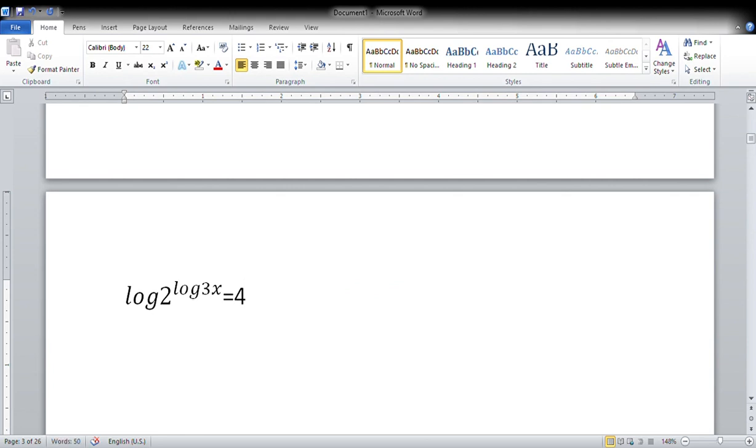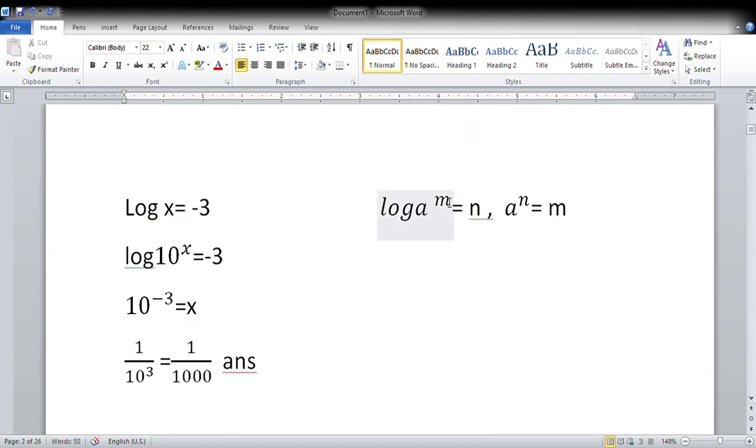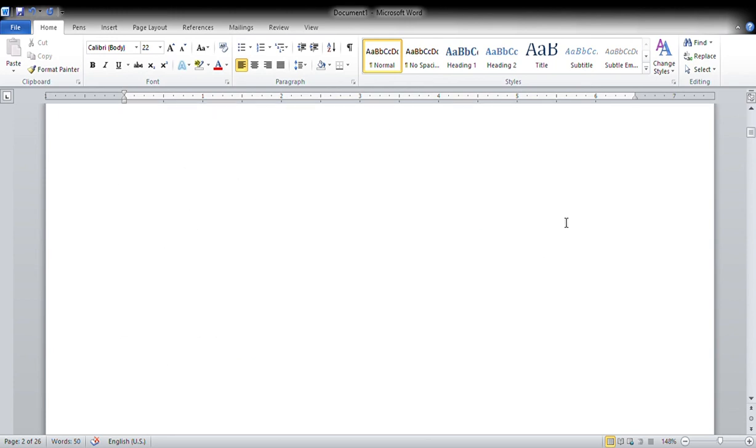So log 3x with the base 2 is equal to 4. Simply we can convert it from logarithmic form to exponential form. Already I have told you: suppose log m with the base a is equal to n, then in exponential form, a to the power n is equal to m, right?